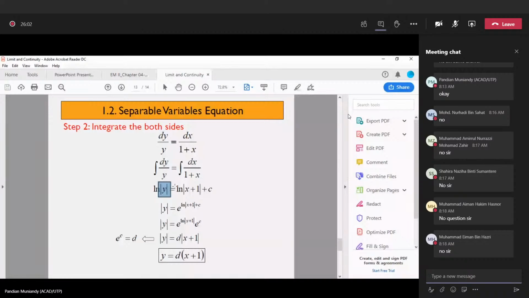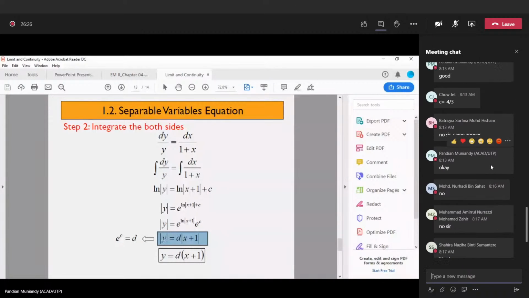Now class, you can combine this ln x plus 1 plus c by writing c as ln d. Then straight away you get y equals to d times x plus 1, because e power c becomes d.